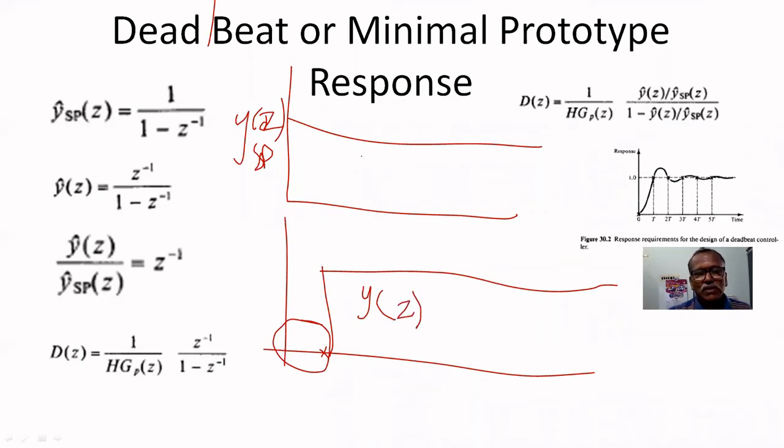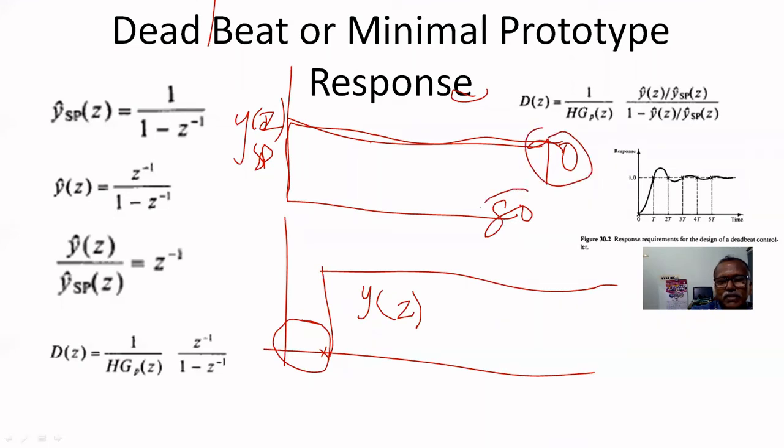I want to change the set point of the process. The temperature is 80 degrees centigrade and I want to change it to 90 degrees centigrade. So the set point is changed from 80 to 90, and the process also follows that 90 degrees, but after one sampling period, let us assume.